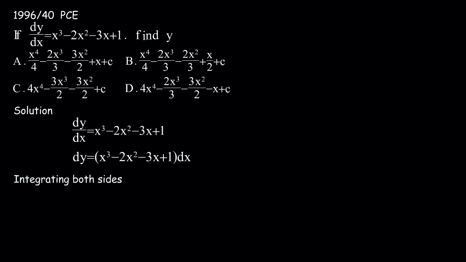So integrating both sides, it becomes the integral of dy is equals to the integral of s cubed minus 2s squared minus 3s plus 1 in bracket ds.